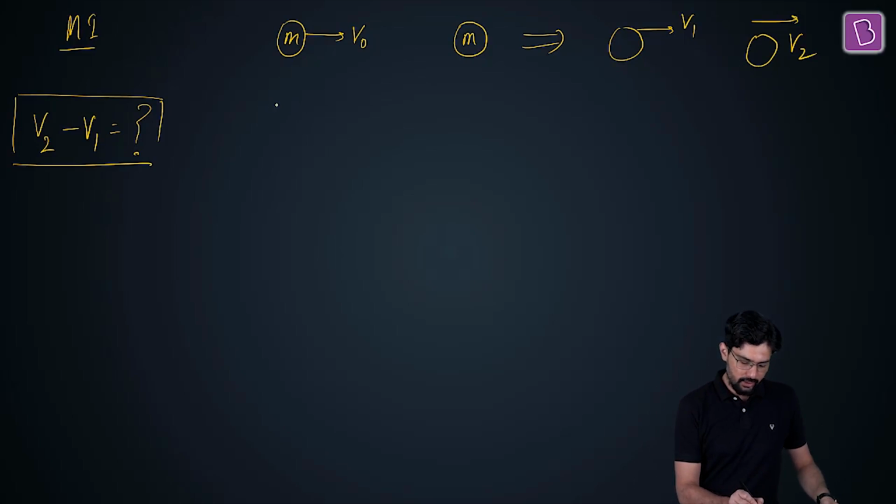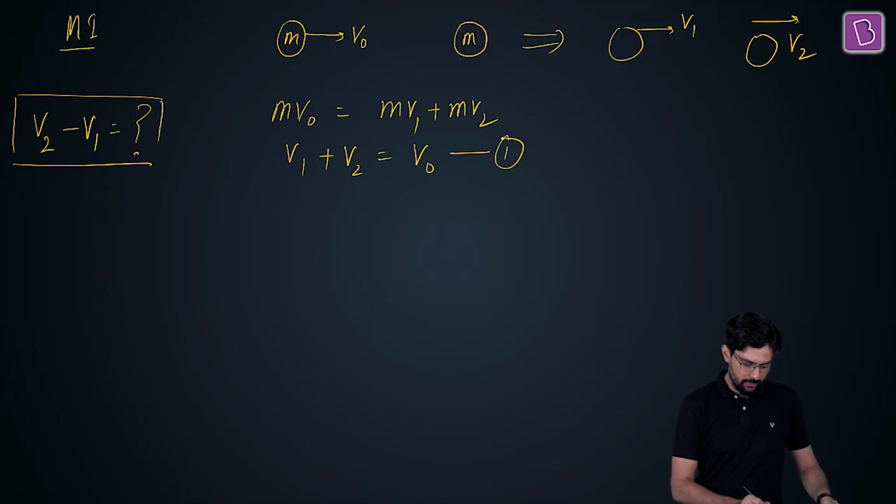Before collision, the linear momentum is mv0, and after collision the linear momentum is mv1 plus mv2. From here we get one equation: v1 plus v2 is equal to v0.